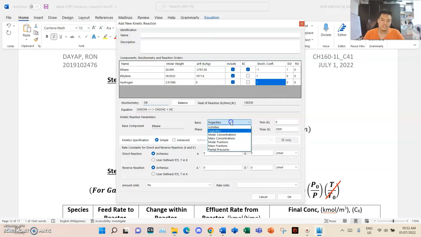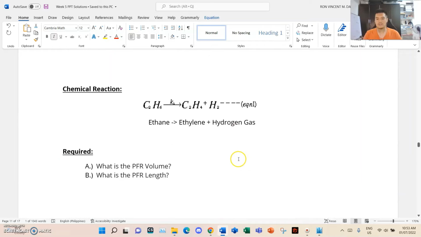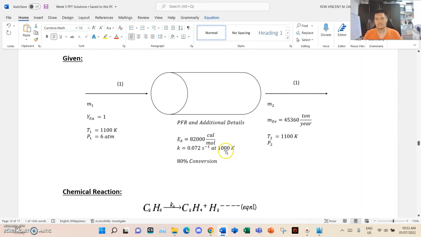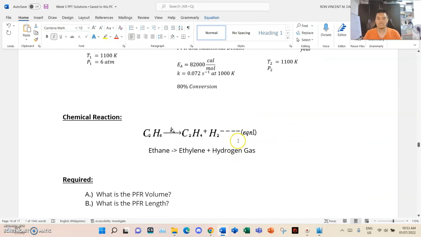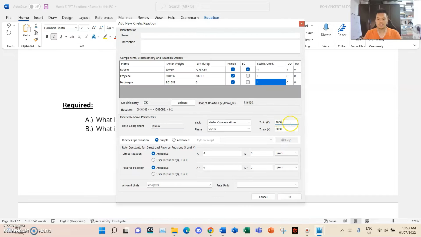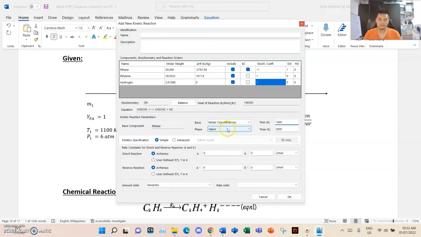So base component ethane, the basis is molar concentration, and it is a vapor phase. And then the minimum temperature is the temperature at which the reference temperature of K is at 1000 Kelvin. So put here 1000, and our operating temperature is between 1000 and 2000, since our operating temperature is 1100, and this is correct, vapor.